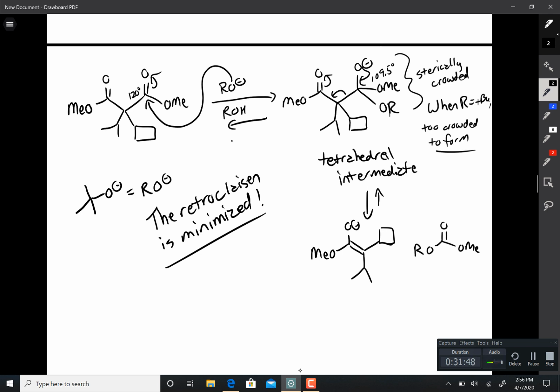It really reduces the instances of this actually going on. And so as a result, you're blocking this attack, and that stops the retro-Claisen. At least it minimizes its effects anyways.